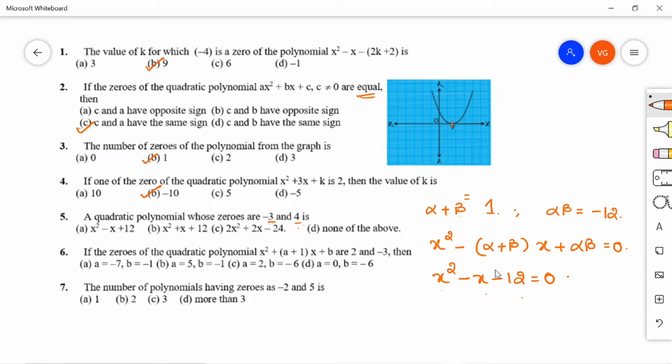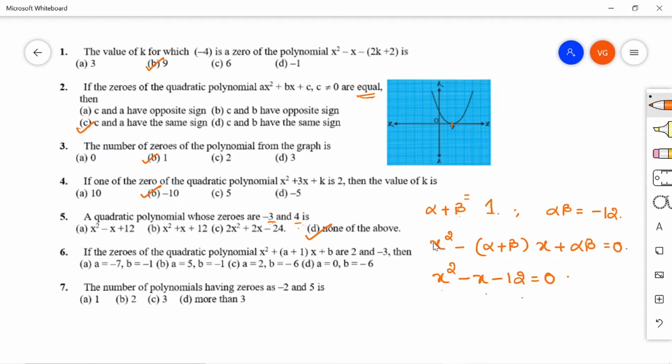So check out. Option A is x square minus x plus 12, not correct. X square plus x plus 12, again not correct. Option C is also not correct. Option D is correct here.